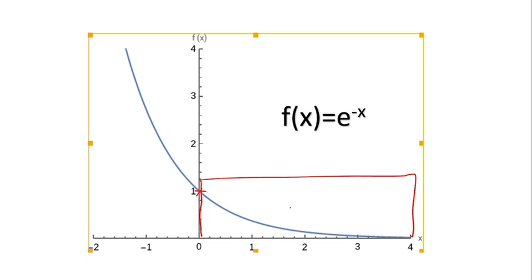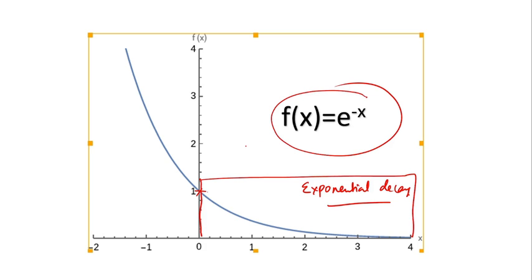This is going to be called an exponential decay. It's an exponentially decaying curve, and this becomes very important. This function is of extreme importance when you study radioactive decay or decay of charges in a capacitor, etc. So please remember the shape of e to the power minus x.